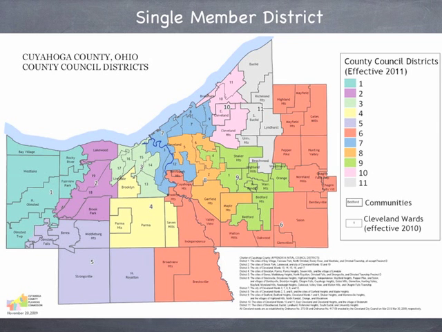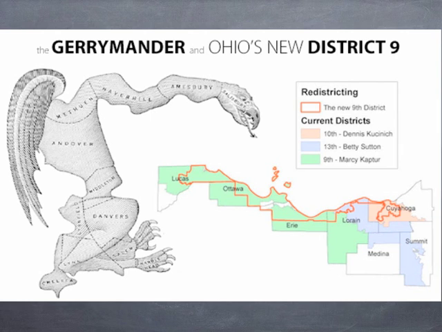Under the single-member district arrangement, the voters in each district elect one of the state's representatives. Gerrymandering is the act of drawing congressional districts to the advantage of the political party that controls the state legislature. Gerrymandering may produce districts that have unusual shapes or even defy description.